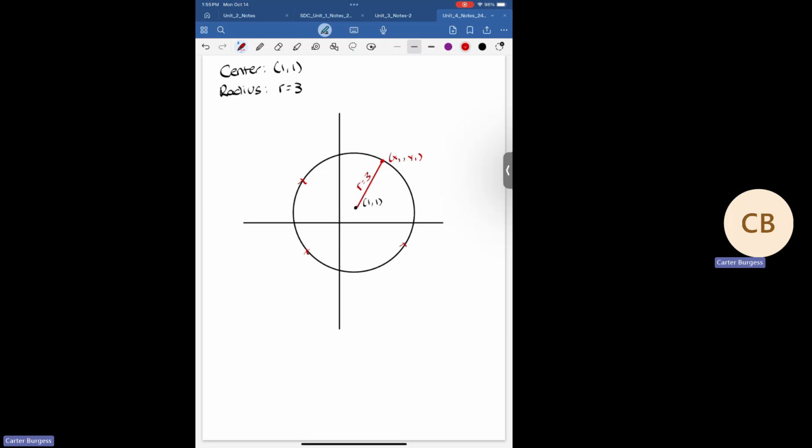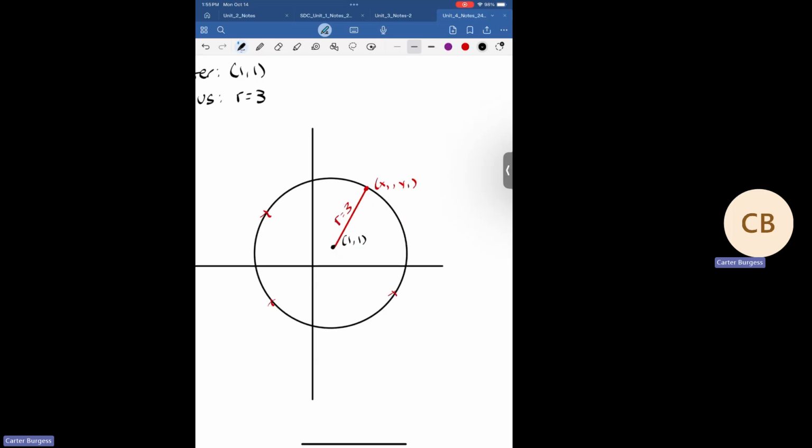That's cool, I guess. An algebraic way to think about this shape is to instead think about it as a collection of points that are a fixed distance from a point that we denote as the center. So our actual definition for a circle is going to be a lot more aligned with this idea.